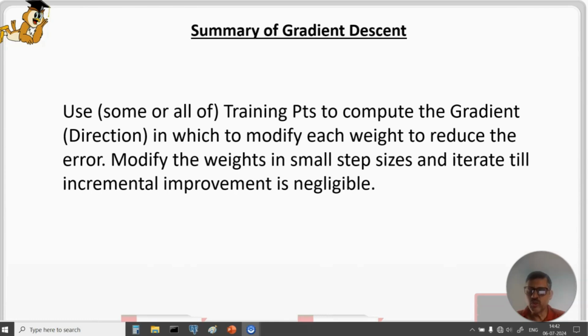And we said we would go in small step sizes for a reason, and we would iterate till the incremental improvement was negligible, right? So this is the summary of gradient descent algorithms. Okay. Again, we discussed gradient descent in the context of mean square error, and we saw how we could iterate to successively minimize the mean square error until we ended up with a good answer.